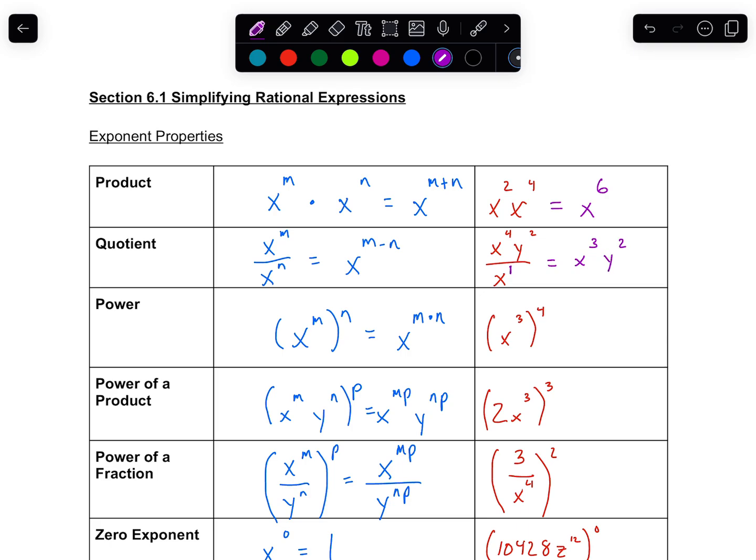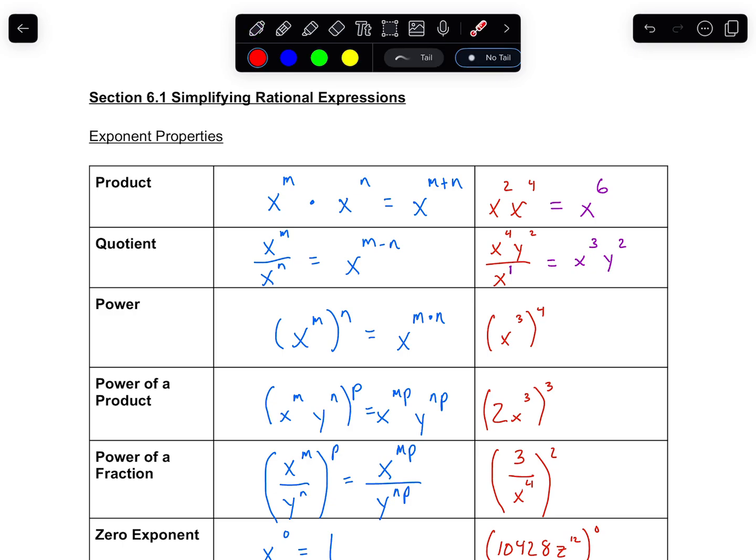So notice, what we have in the denominator goes away. The only reason we'd have something stick around in the denominator is if our exponent is greater in the denominator than in our numerator, or if we have a negative exponent up top, and we'll talk about that a little bit more later.